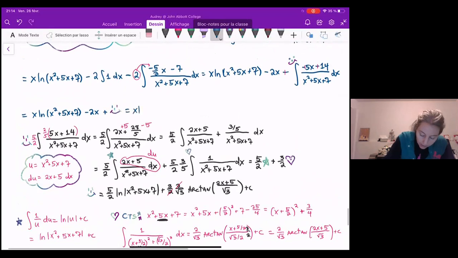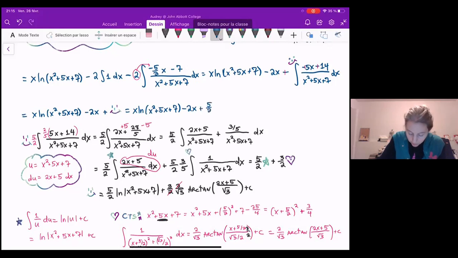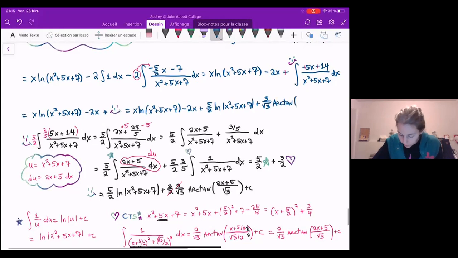So here we have x ln of x squared plus 5x plus 7 minus 2x. And I easily see I'm not going to mix up my minus. It's plus 5 over 2 ln of x squared plus 5x plus 7 plus 3 over root 3, which FYI is the same thing as root 3, arctan of 2x plus 5 over root 3 plus a constant.